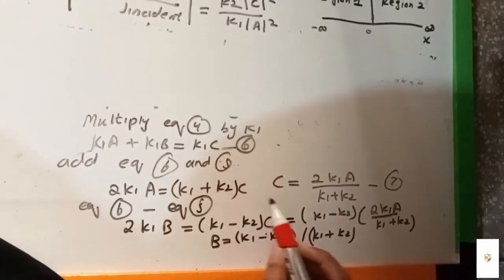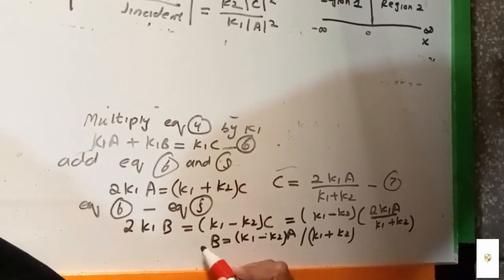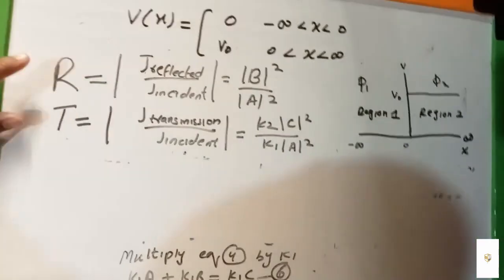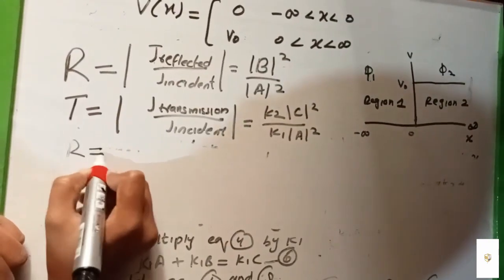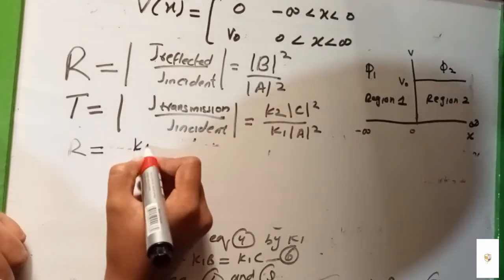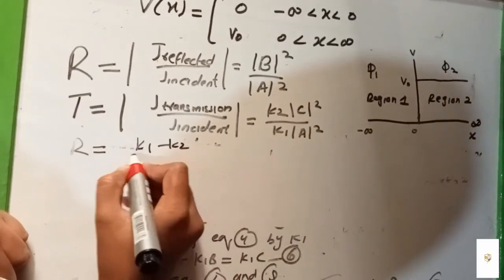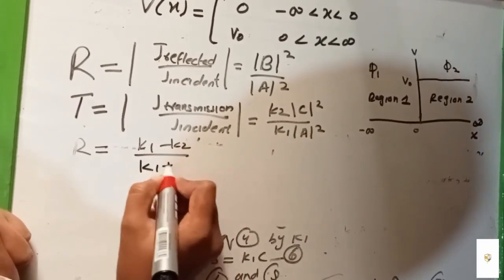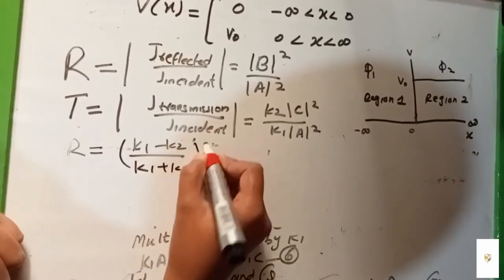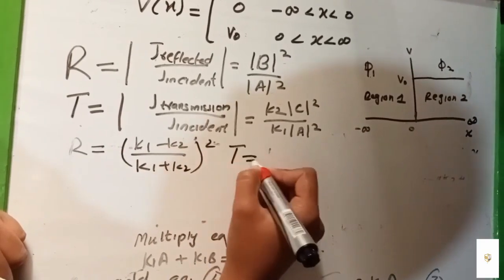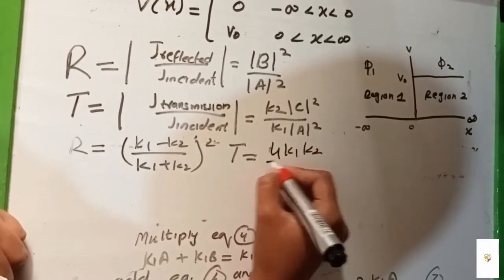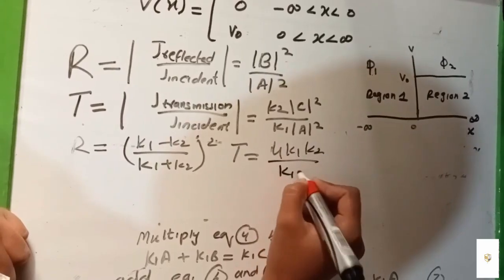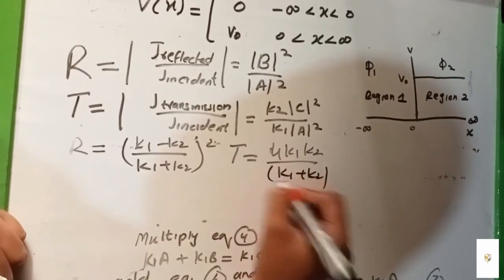Now put the value of c and b in these two equations. So reflection coefficient is equal to k1 minus k2 over k1 plus k2 whole square, and transmission coefficient is equal to 4 k1 k2 over k1 plus k2 whole square.